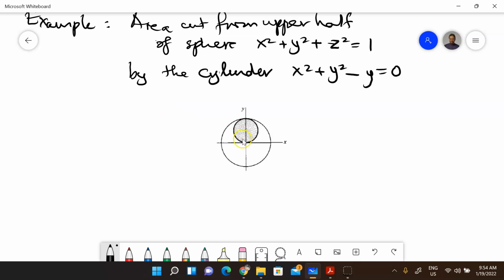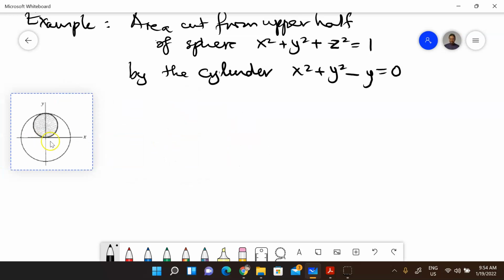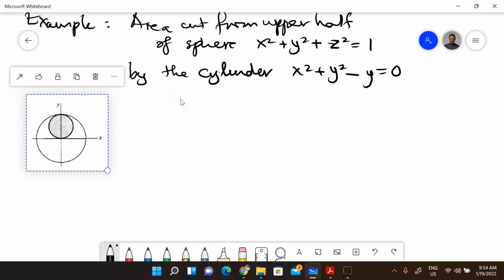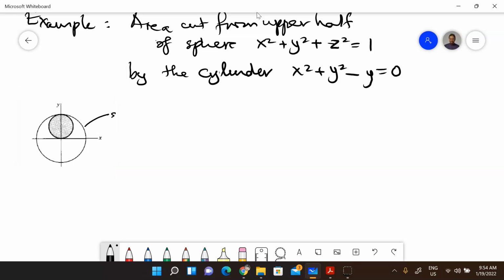Over here, this is what the picture is supposed to be. So this is, say, the sphere, and this is the cylinder that is cutting it. Now the cross section of the cylinder is given by a circle here, x squared plus y minus a half, squared. Sorry, there's no plus there.